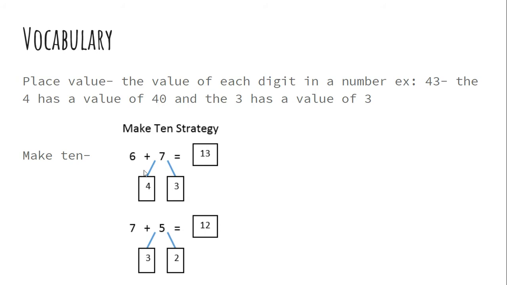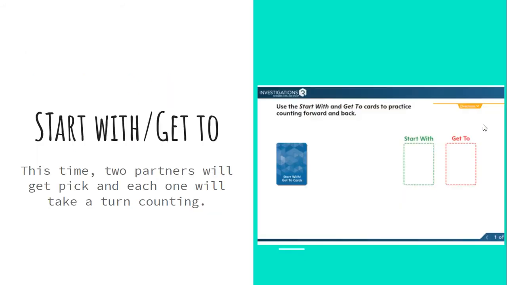And sometimes when you see an equation like this, our brains don't love that. But if we decompose or break down this 7 into 4 and 3, then we can add this 6 and 4 together to make 10 and add whatever is left. So that's the make 10 strategy.